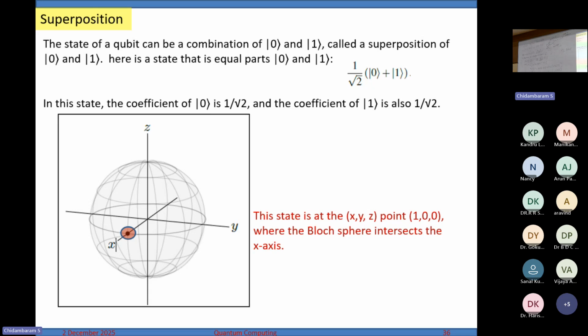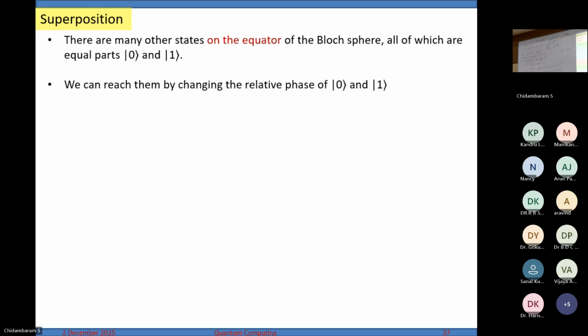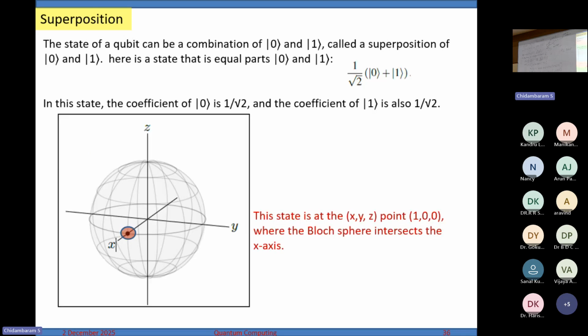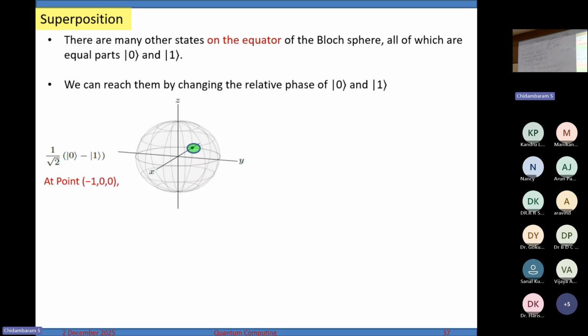Similarly, you can have the point here also, right? What is the point here? 1 by root 2. This is your superposition, and the other side of it is the minus superposition. This is what we call plus, and this becomes minus, at the point minus 1, 0, 0, right?